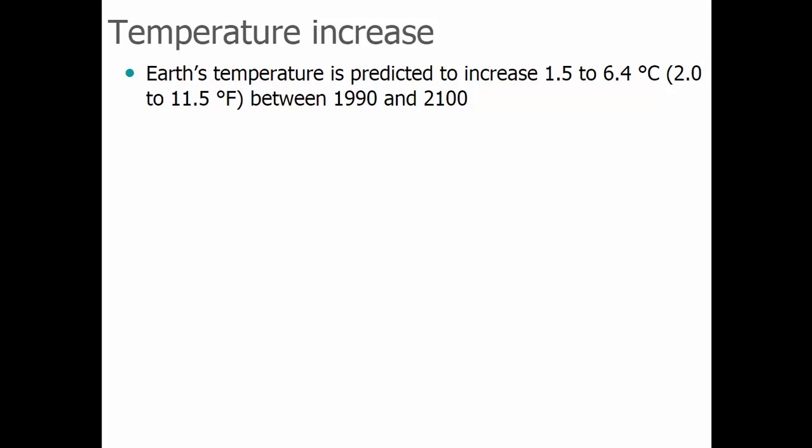Probably right now, we are definitely going up 1.5 degrees Celsius. If we make pretty radical changes in the next 20 to 30 years, we might be able to limit it to 1.5. If we do not, then we're going to go to 2 or even more.